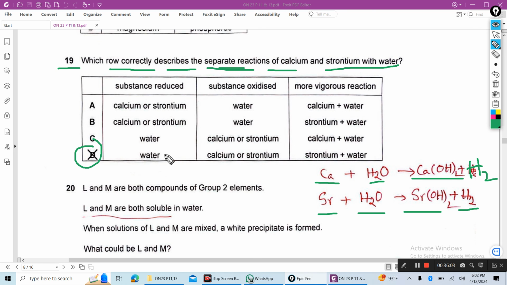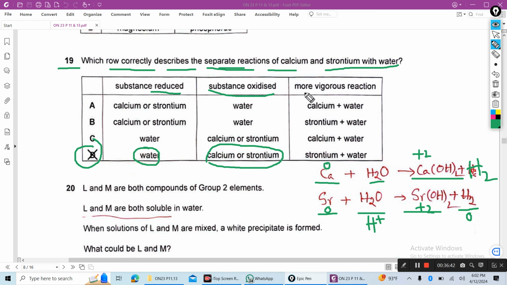Substance reduced: water. Why? Because here hydrogen oxidation number is +1, here element 0, so water is reduced. Substance oxidized: calcium or strontium is oxidized because here calcium oxidation number 0, strontium also 0, here calcium +2, strontium +2.